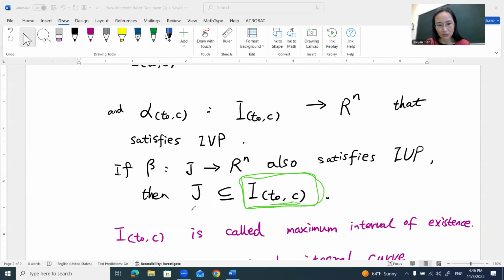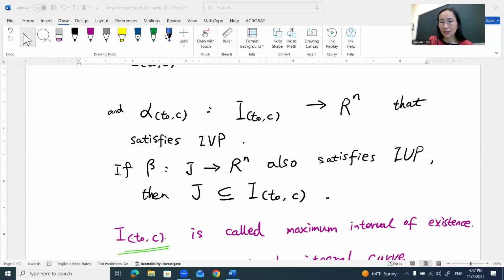For any other solution, if you think there is another solution defined on a certain interval J, J also has to include the t naught, but that interval is smaller, or it is a subset of the maximum interval of existence.